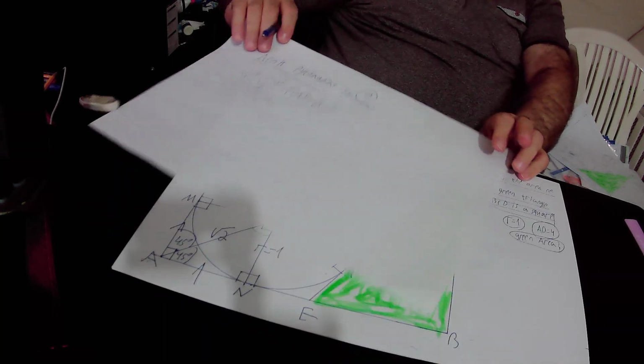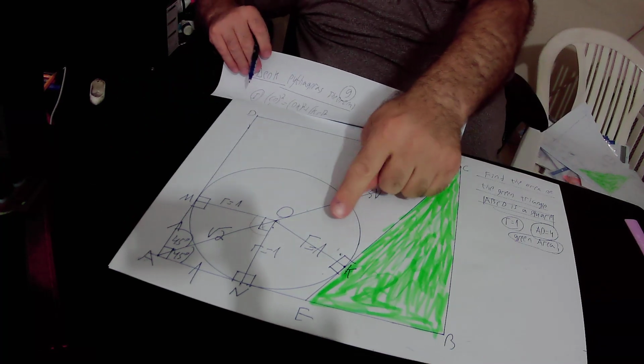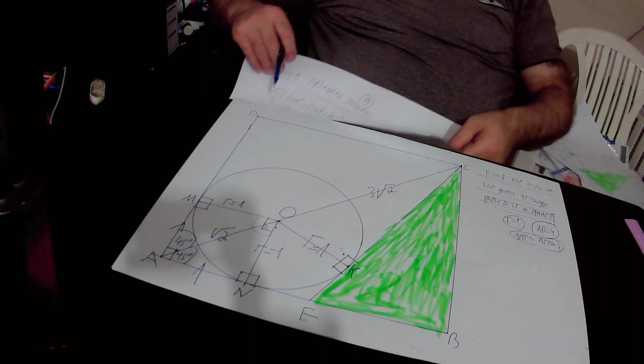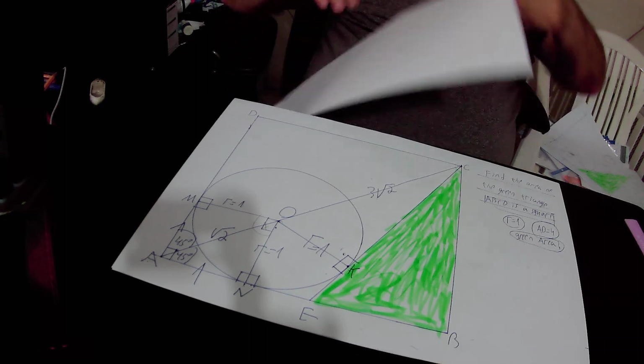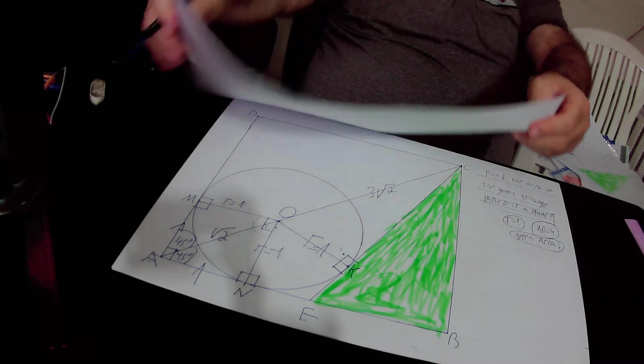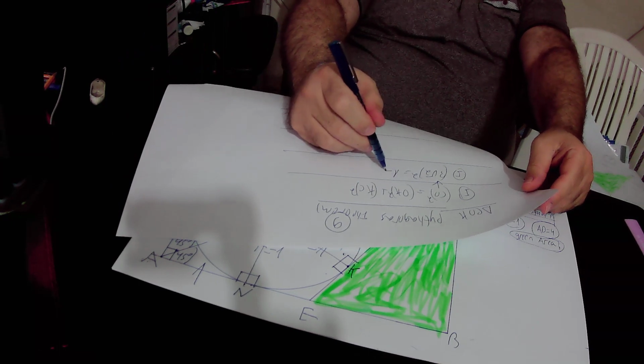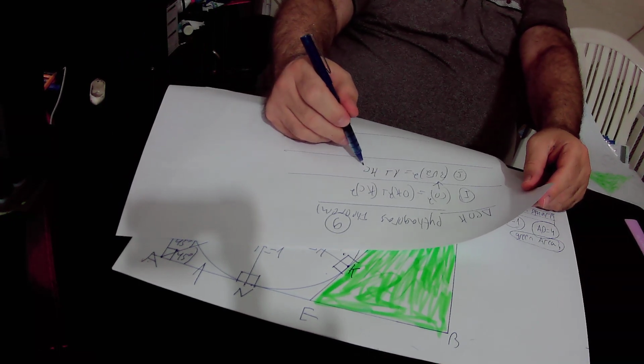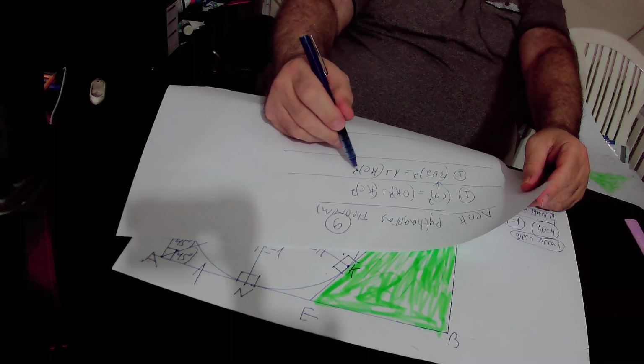OK, or KO, equals 1 unit, so OK square is 1 square, which is 1, plus KC square. KC square, we will leave it as it is.